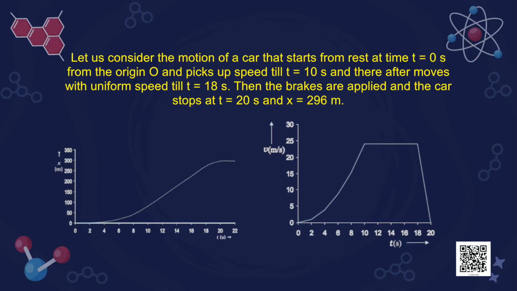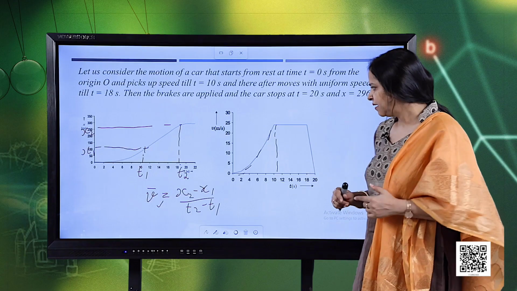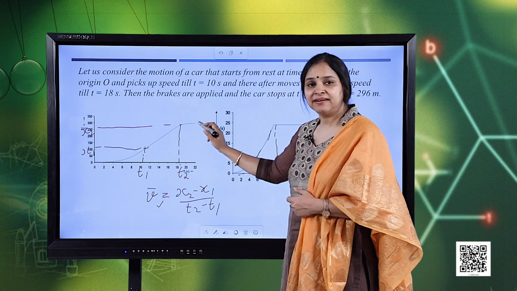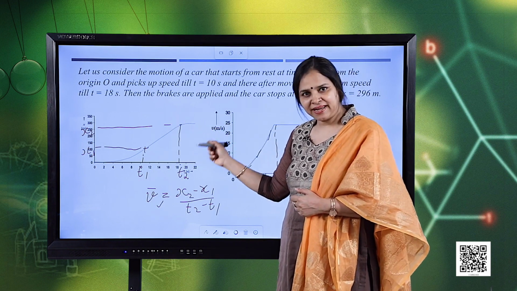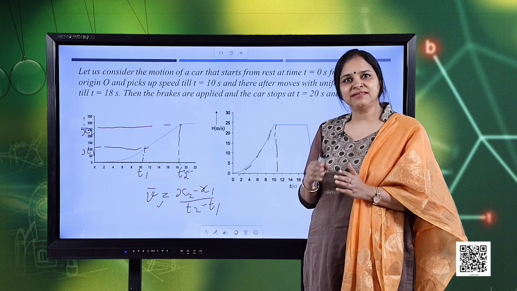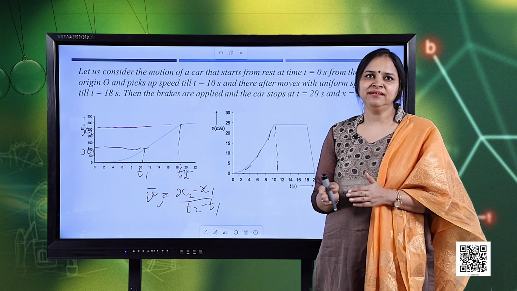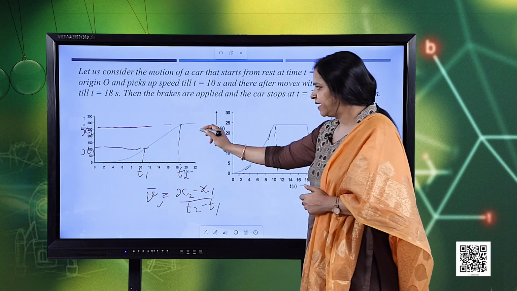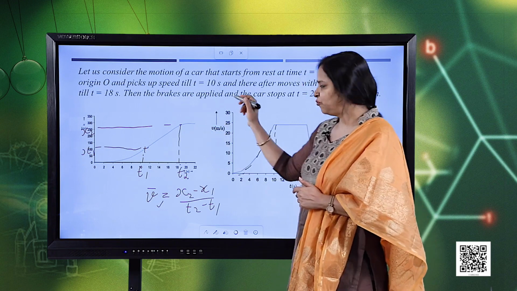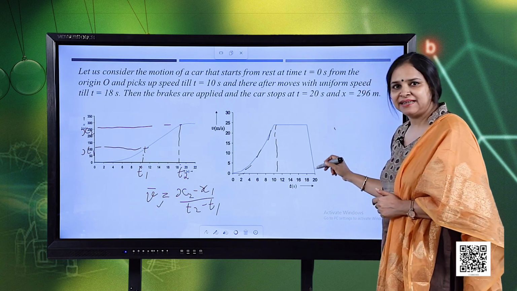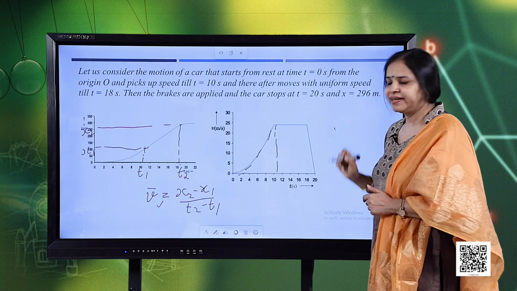Now, let us proceed to the next time interval of 18 to 20 seconds. Here, between 18 and 20 seconds, there is a curve in the x-t graph, so again we repeat the process. At different instants we find the slope, and that slope gives us the value of velocity at that particular instant. Plotting these, we find that the velocity is decreasing uniformly in this region.